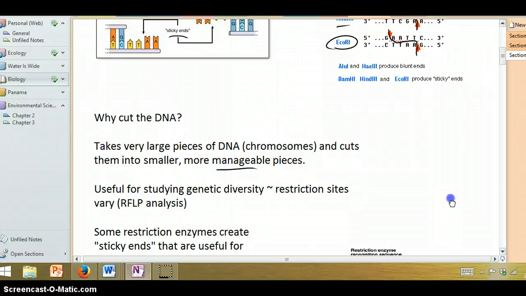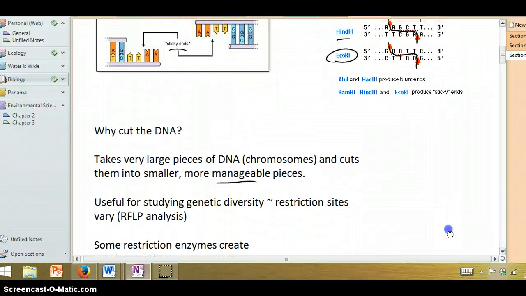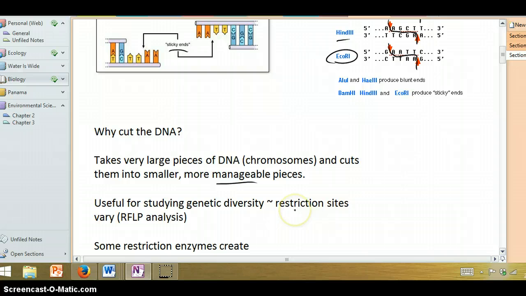Cutting up DNA is also useful for studying diversity because not every individual has the same restriction sites. That is, you can find these places where the restriction enzyme will cut the DNA, and it can vary amongst us. And so this studying of the variation using restriction enzymes is what's known as RFLP analysis.